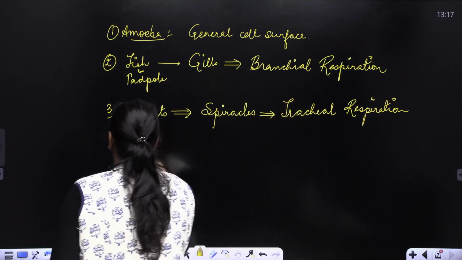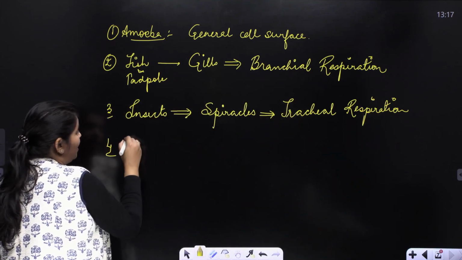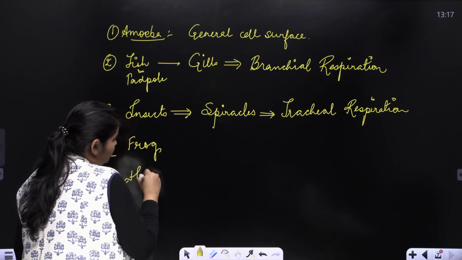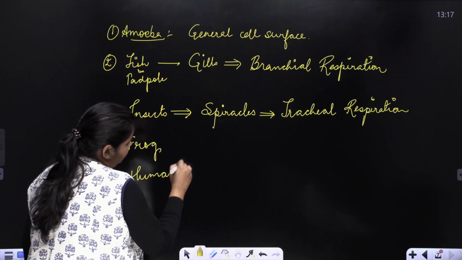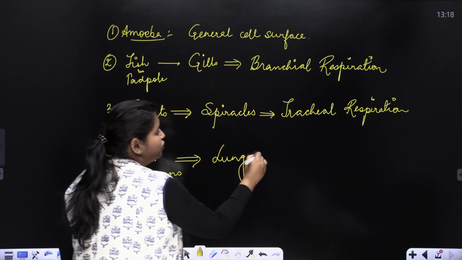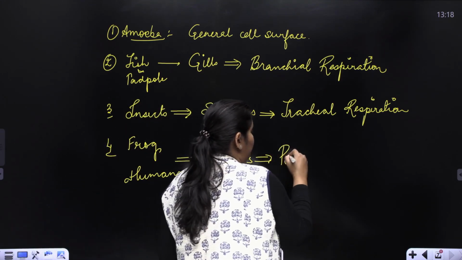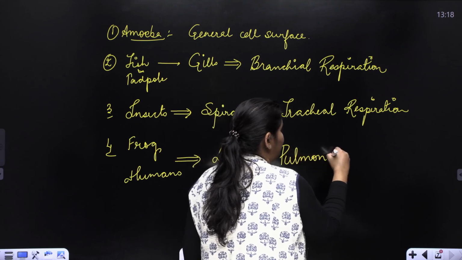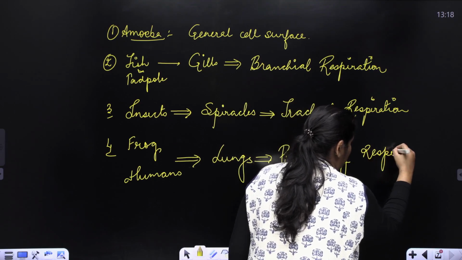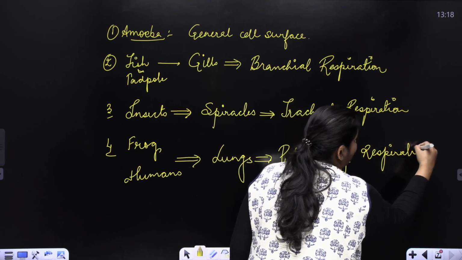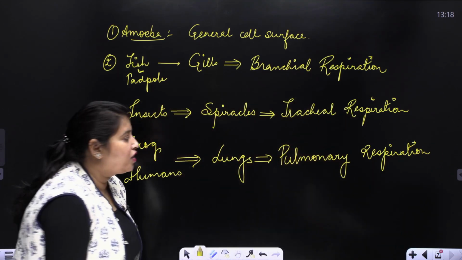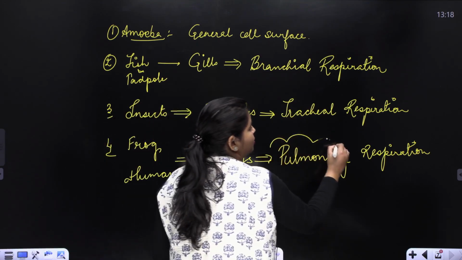Organisms which breathe through lungs like frog and humans, the respiratory organ is lungs, and this mode is known as pulmonary respiration. Children, keep in mind, whenever the word pulmonary will come, that means we are talking about the lungs.